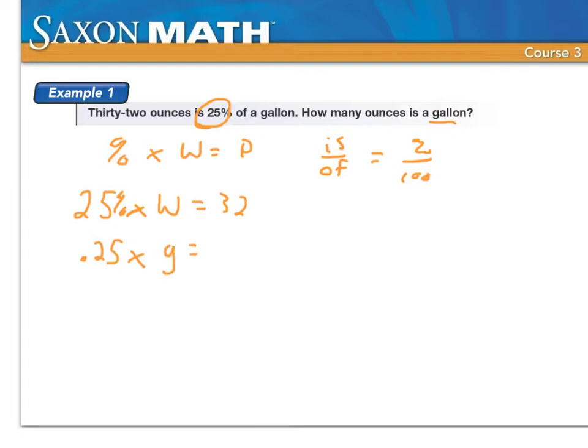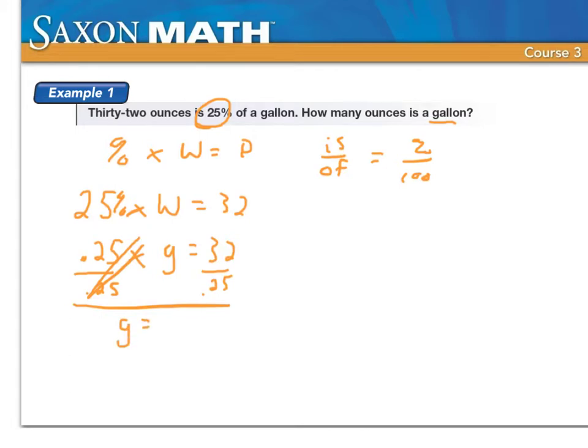Okay, I want to know the gallons, and that equals 32. Okay, so to solve this, I'm going to divide by 0.25 on both sides to get rid of the multiplies. Okay, and dividing and multiplying by 0.25 cancel, leaves me with gallons.